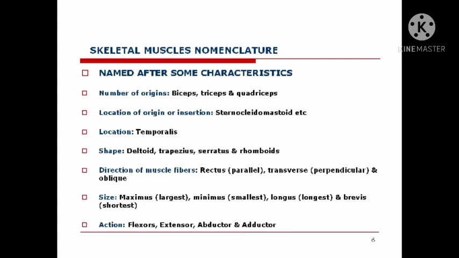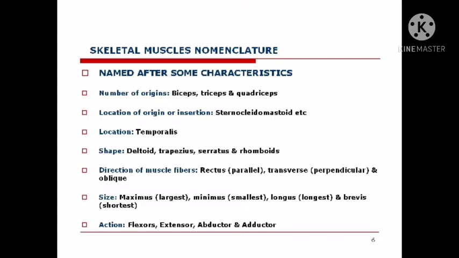Then the location of origin or the insertion. Some muscles are also named after their location, that is, where they are, the specific region. Sternocleidomastoid is an example. This muscle arises from the mastoid process in the skull, and it is inserted at the sternum.